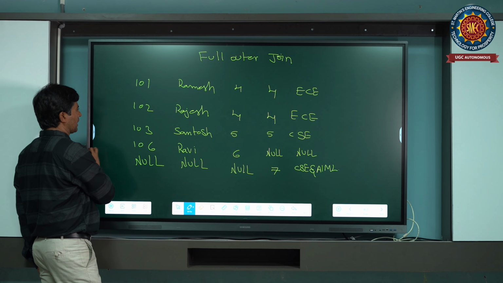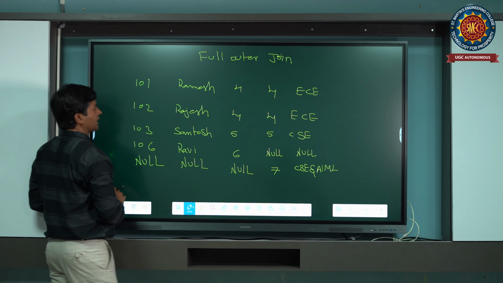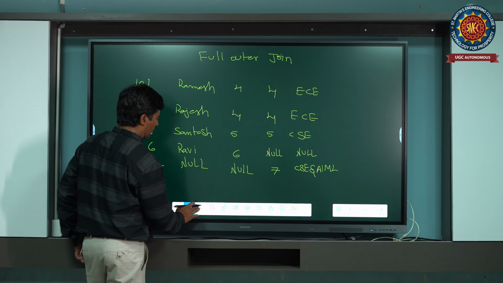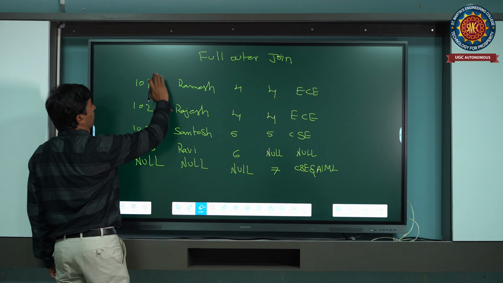At the time of using natural join, coming to the syntax, with the same tables.